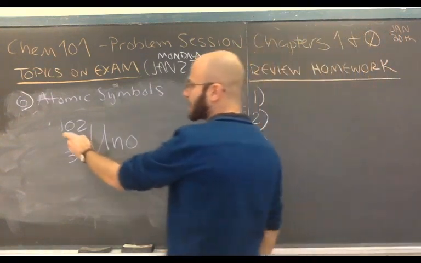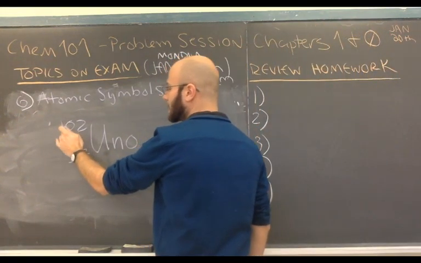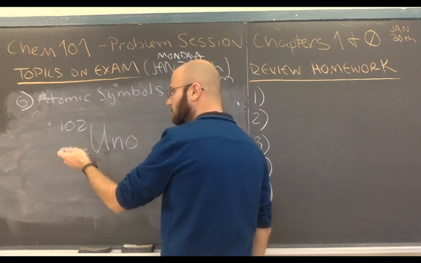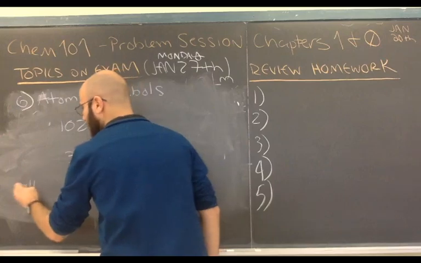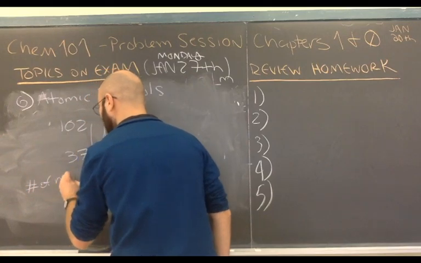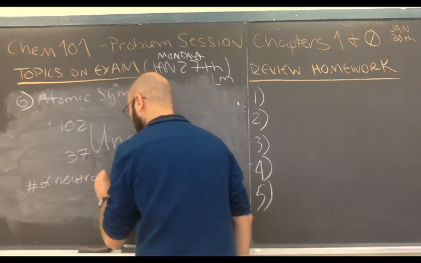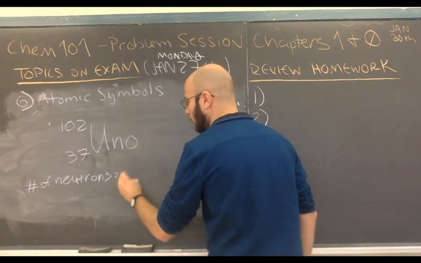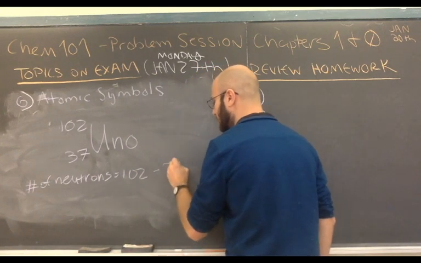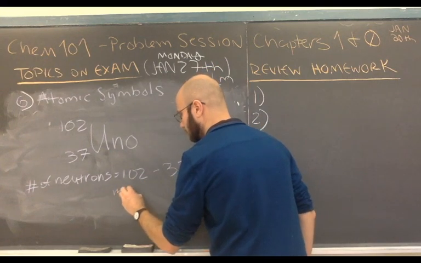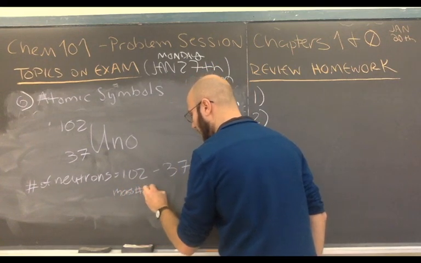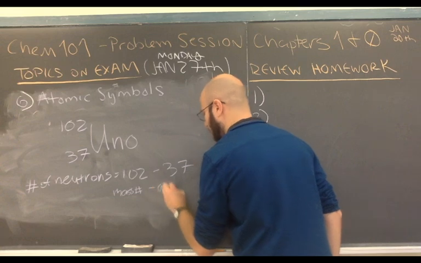We know that the mass number is protons plus neutrons, and the atomic number is just protons. So the number of neutrons is going to be equal to 102 minus 37, or again, the mass number minus the atomic number.